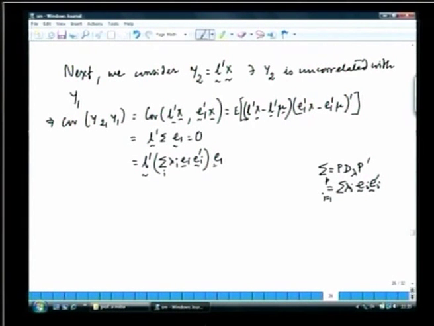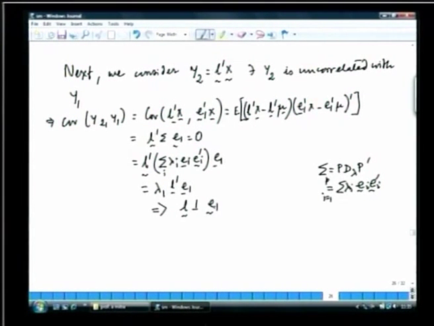So, this fact is leading me to this covariance being equal to 0, because only lambda 1 comes out and L prime is combining with E1, and this is equal to 0, which implies that L is orthogonal to E1.